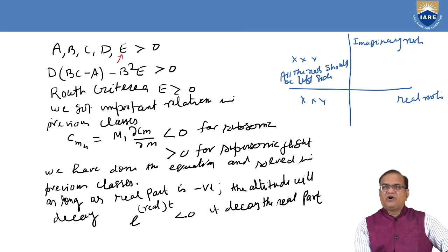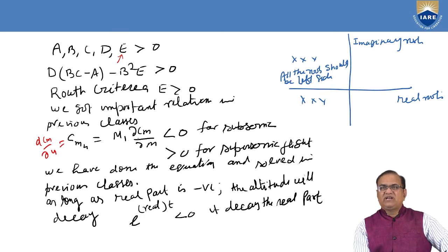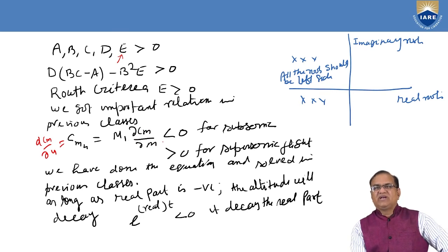We got an important relation in the previous classes: Cmu, the derivative dCm by dU, is equal to M1 dCm by dM. It should be less than 0 for the subsonic case, and for the supersonic case it should be greater than 0.